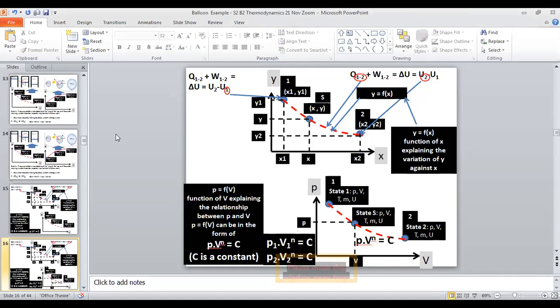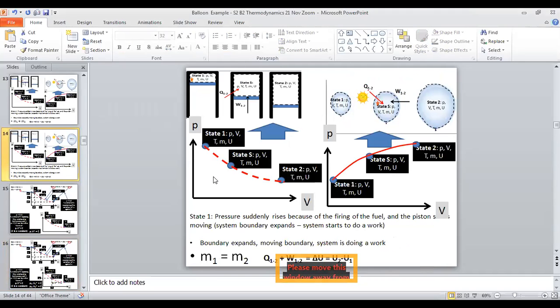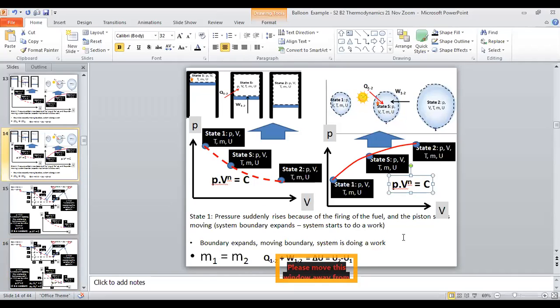PV^n equals C. So before proceeding further, are you okay with this piece of knowledge? So for this PV in this slide, for the engine example, you have PV to the power n equals C. And also for the balloon example, you have PV to the power n equals C as well.